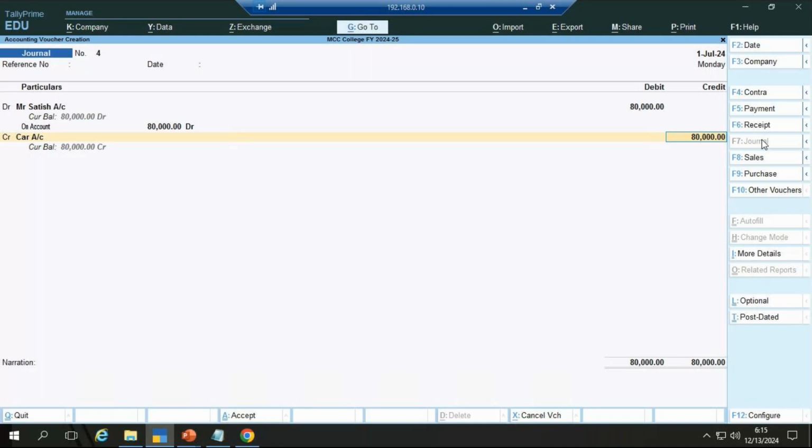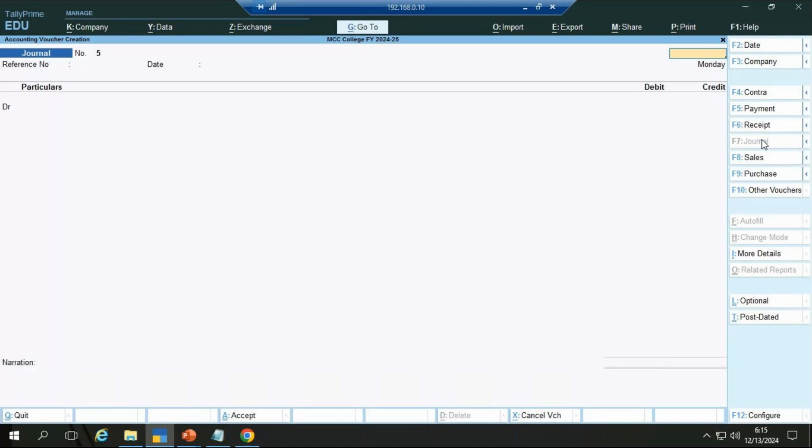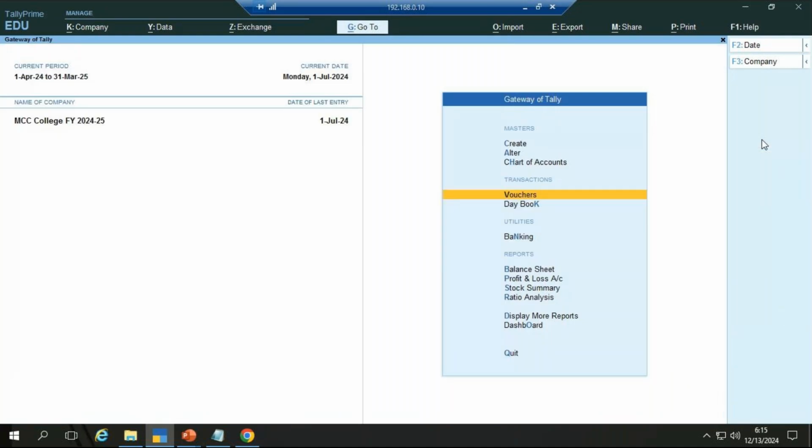So use Control A to save it. If you want to view all your transactions, okay, is everyone completed with your transactions? Or do I need to wait a few seconds? Fine then. So I'll continue.